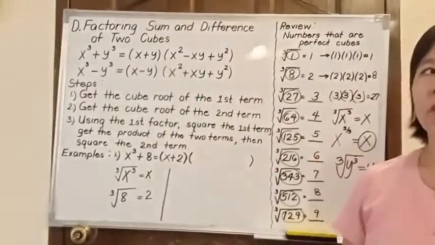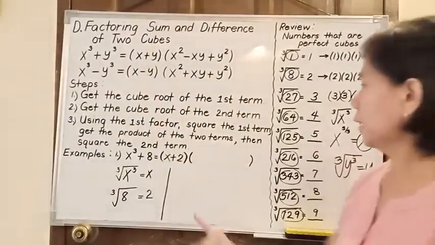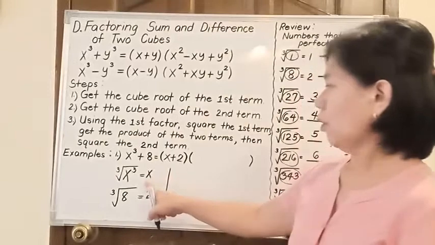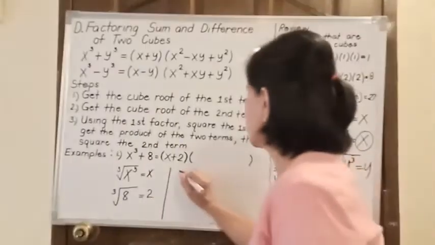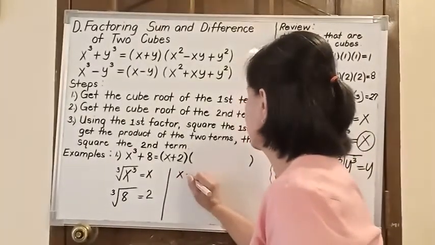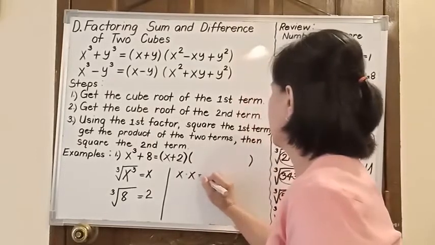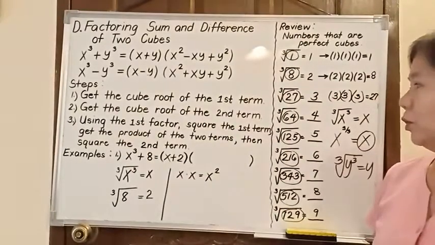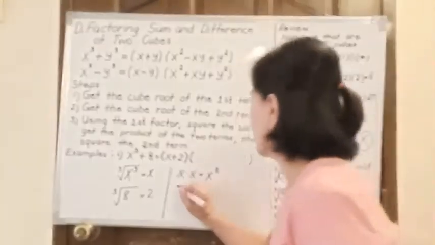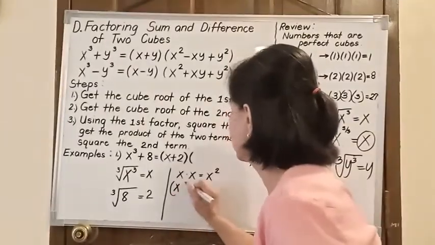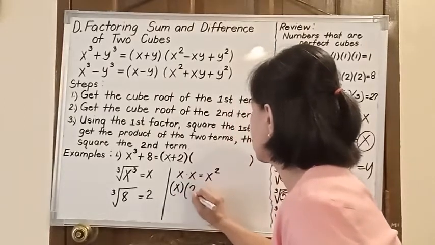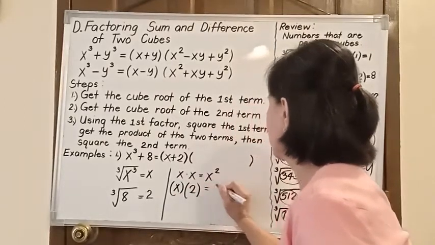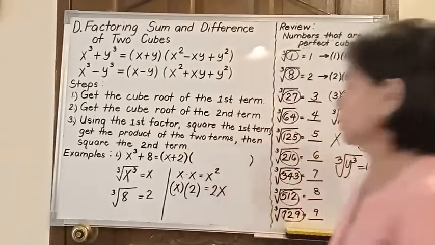For the trinomial factor, we will get the square of the first term. What is x times x? X squared. Then multiply the two terms. We have x, first term, times the second term, that is 2x.